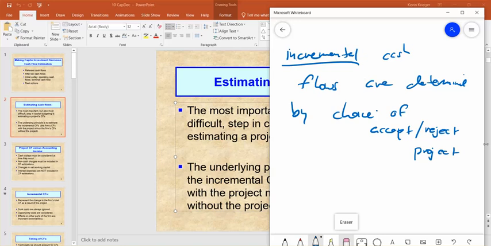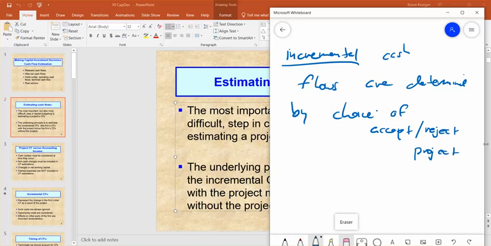If your decision to reject a project stops a certain cash flow from coming in, that is a cash flow that you would want to be considering. If rejecting allows an old type of cash flow to continue, the same applies.